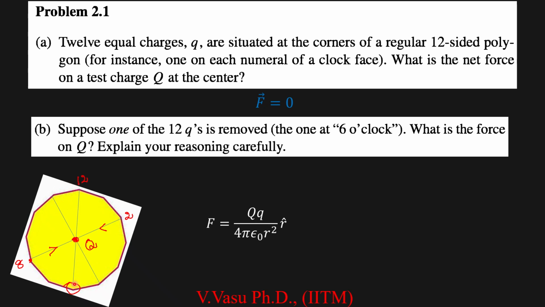Only the 12 o'clock charge is a problem, because there is no opposing force for it. So the force between 12 o'clock and the center will not be compensated. The force between the 12 o'clock charge and the center is equal to capital Q, the test charge, multiplied by this charge, over 4 pi epsilon naught r squared, along the r hat direction.